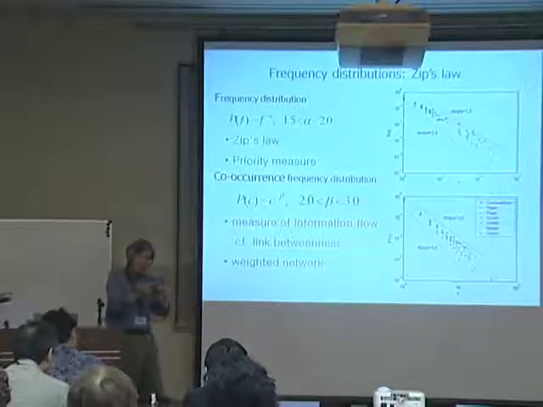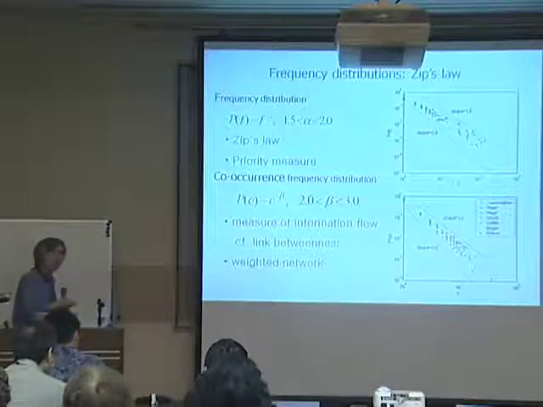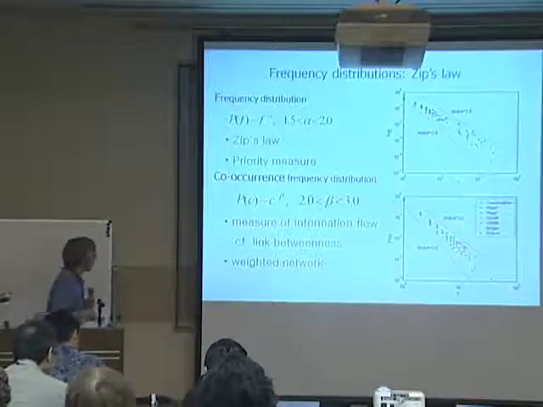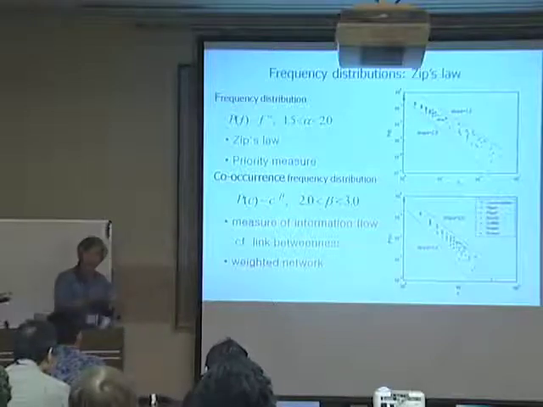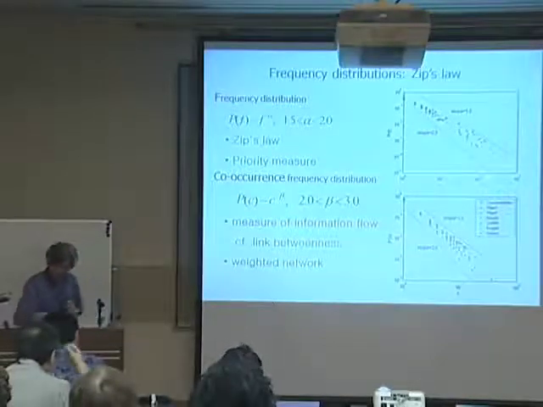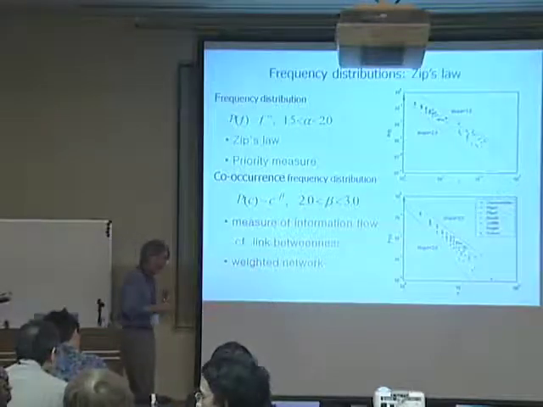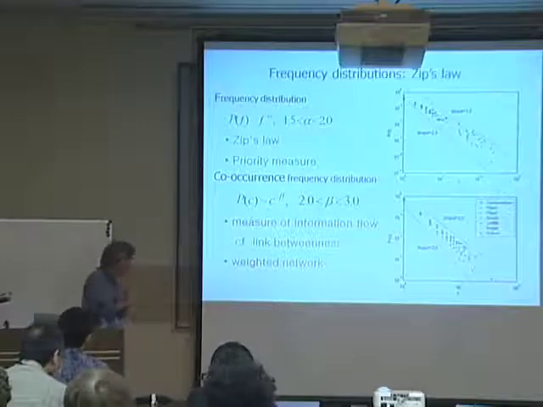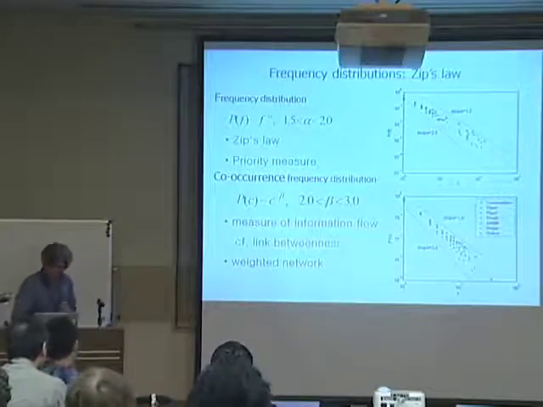The frequency of the co-occurrence is not the same. This is also power-law behavior. This will be a measure of the information between two links, and this will be quite useful for constructing a weighted network. But right now, I'm just focusing on the binary network without weighting.